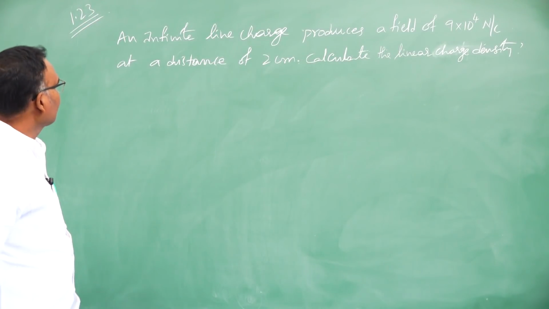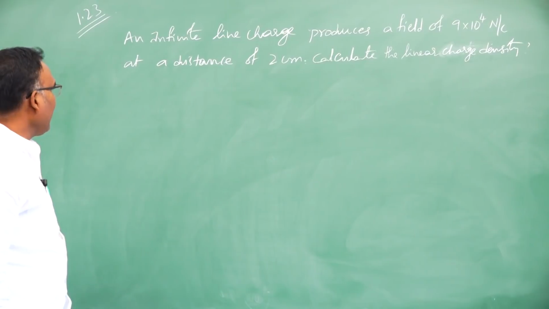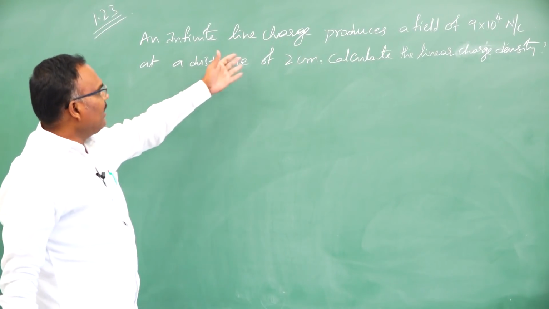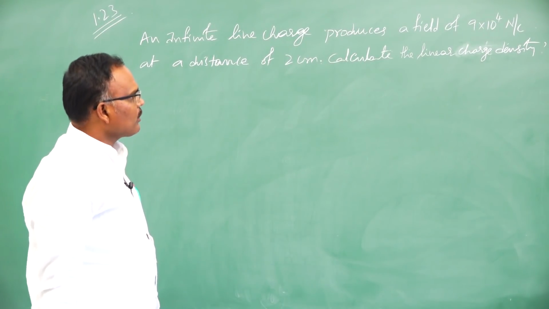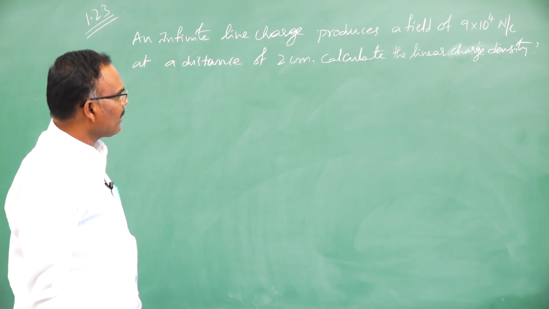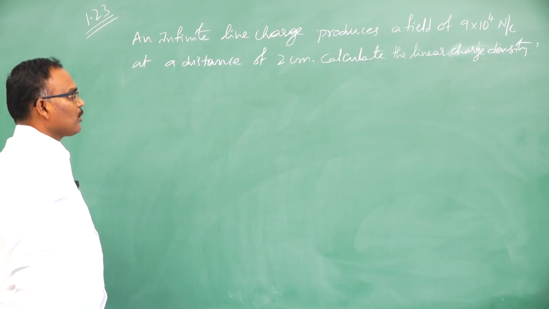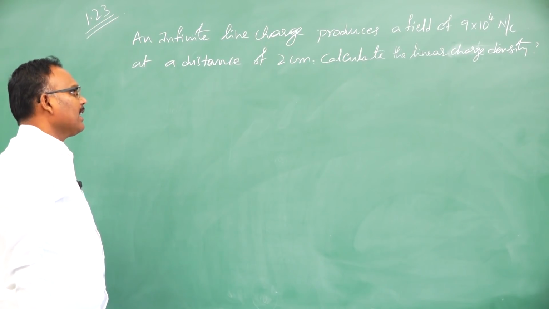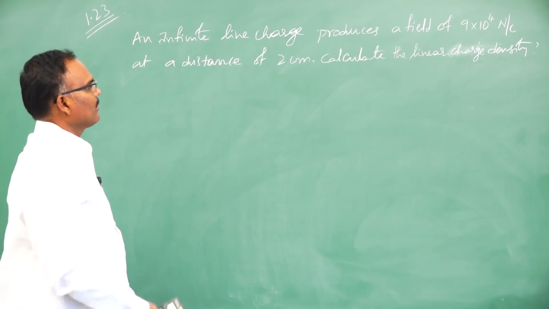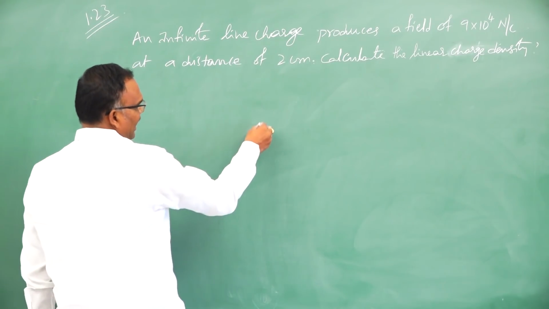Next problem, 1.23. An infinite line charge produces a field of 9 into 10 to the power of 4 Newton per coulomb at a distance of 2 centimeter. Calculate the linear charge density. That means this is infinite.